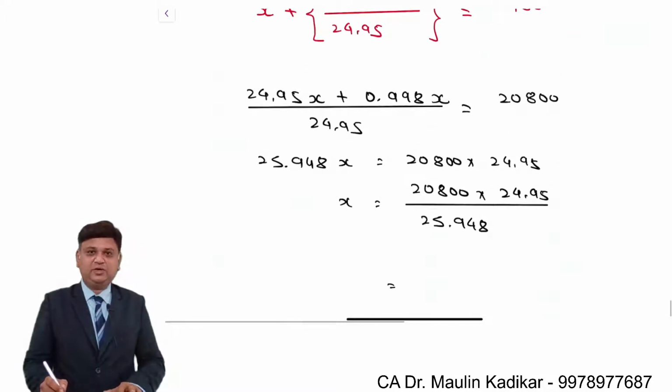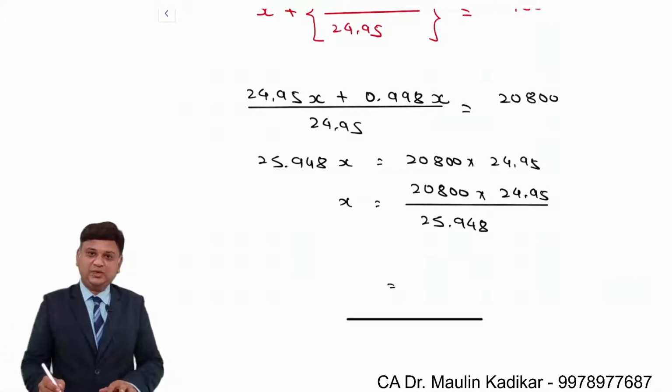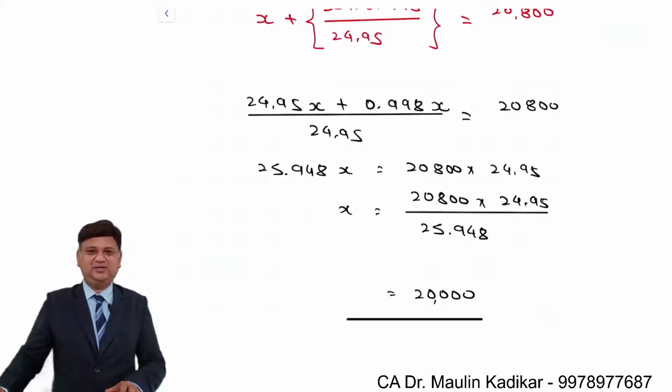This is the way we are required to find the answer. That comes to 20,000 number of units. So this must be the number of units that would be allotted to the investor at the beginning of the period.